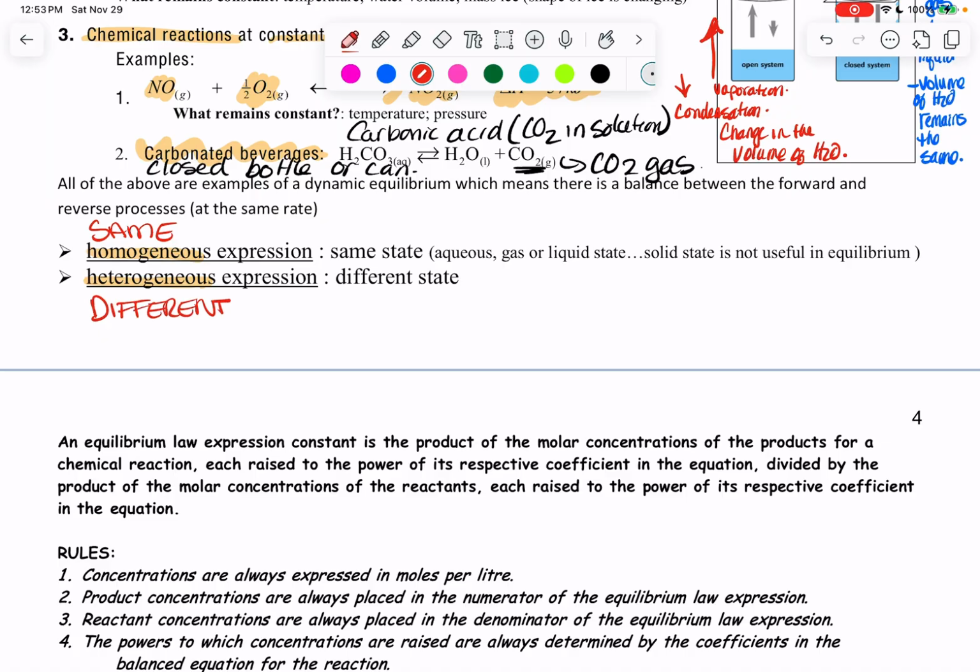So a homogeneous expression means that all of the players are in the same state. So either aqueous, liquid, or gas. If something is in the solid state, it's not useful because it pulls itself out of equilibrium.